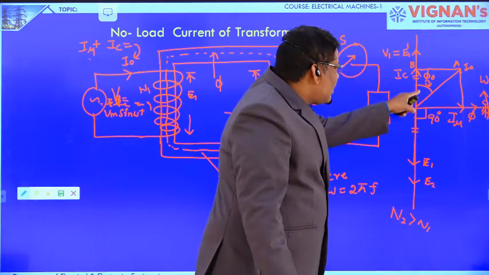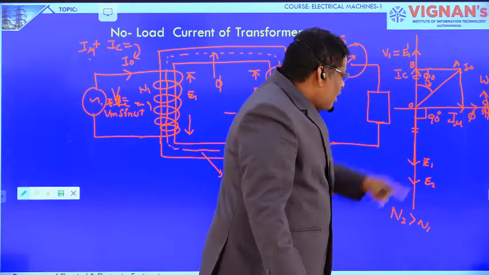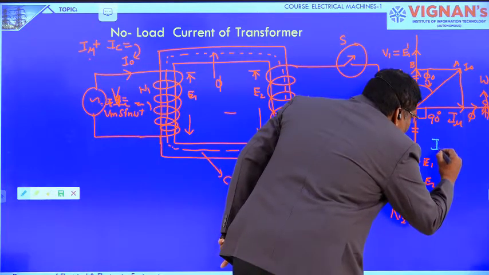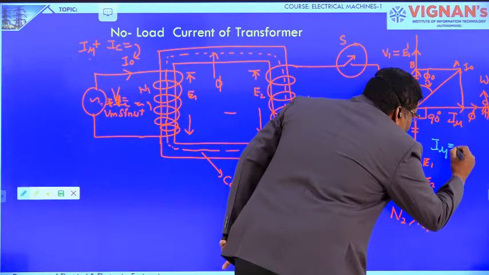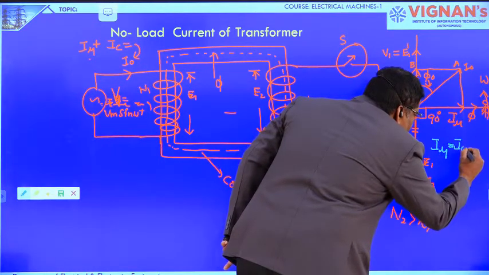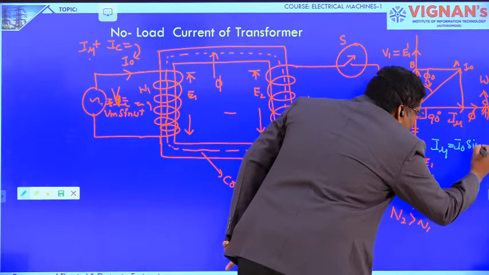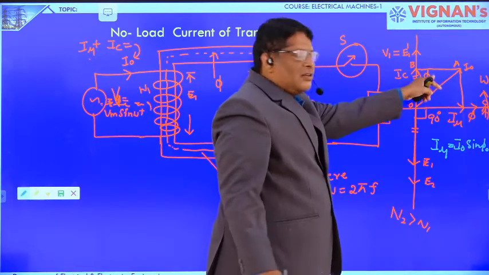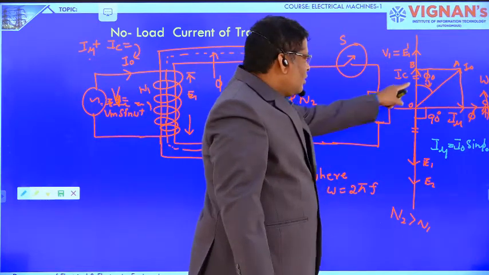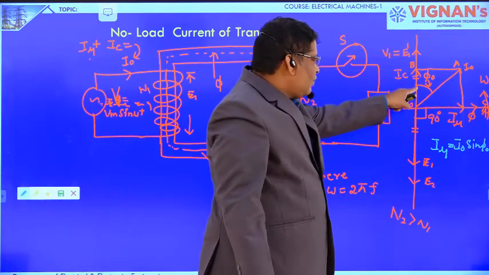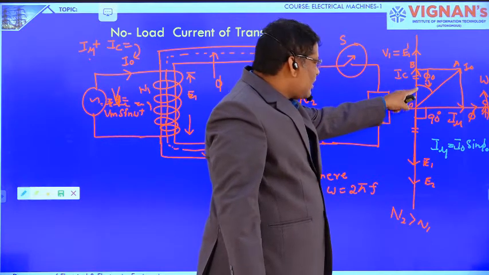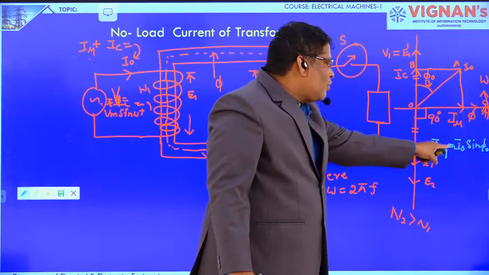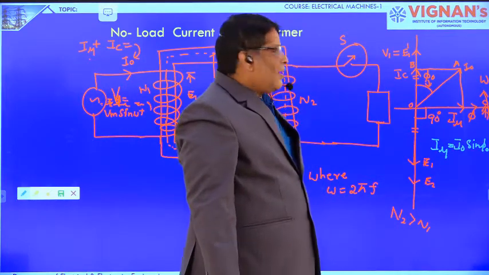If you find AB, the magnetizing current I mu equals I naught sin phi naught. If you apply the sine function, sin theta, we get the magnetizing current I mu equal to I naught sin phi naught.